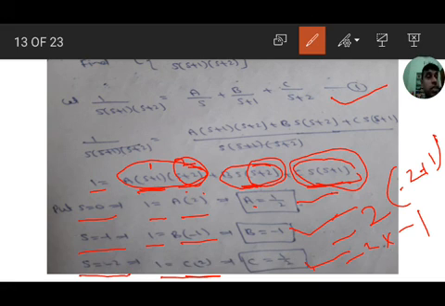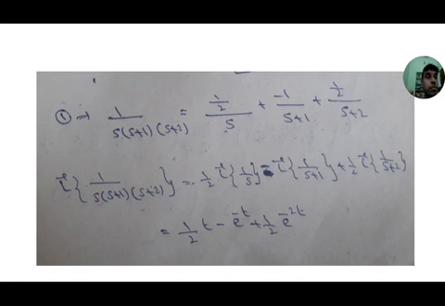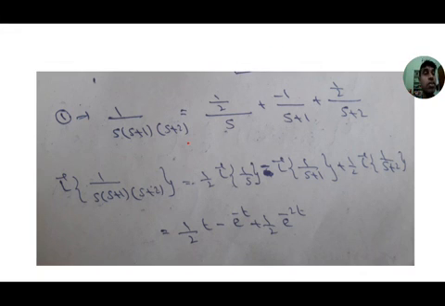Substitute in this equation 1 and apply inverse Laplace transform. So from the equation 1, L inverse of 1 by s into s plus 1 into s plus 2 equal to a value 1 by 2 by s, b value minus 1 by s plus 1, c value 1 by 2 by s plus 2.